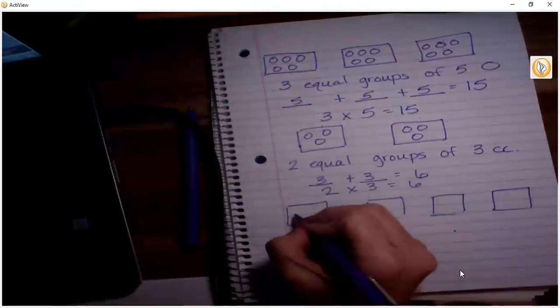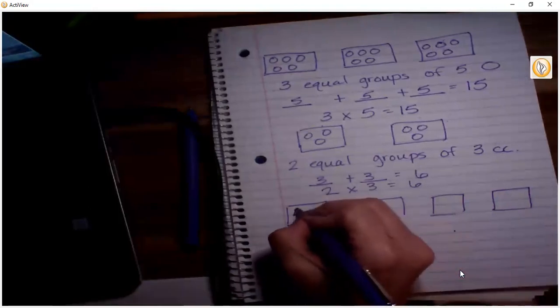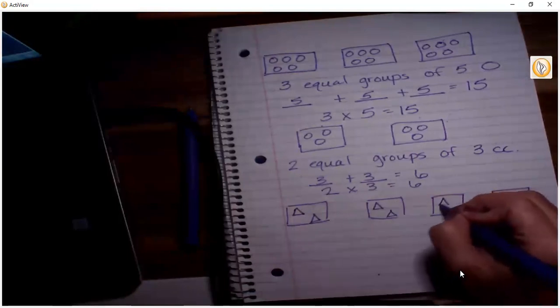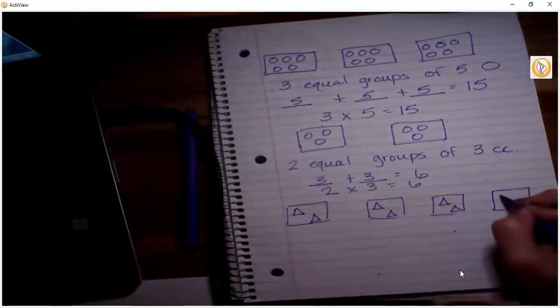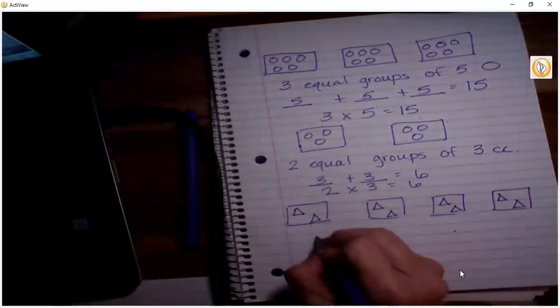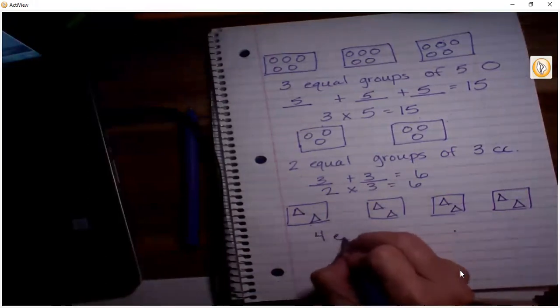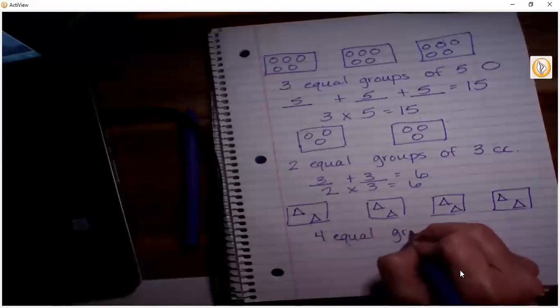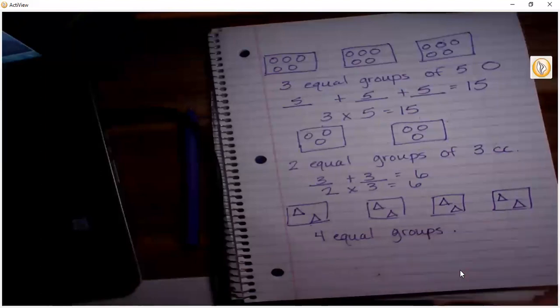And they bought 2 slices of pie for each person. I'm going to use triangles to represent my pie. I have 1, 2, 3, 4 equal groups of 2 pies.